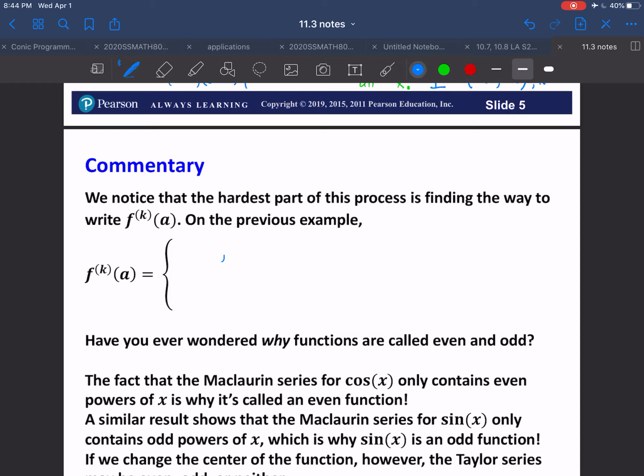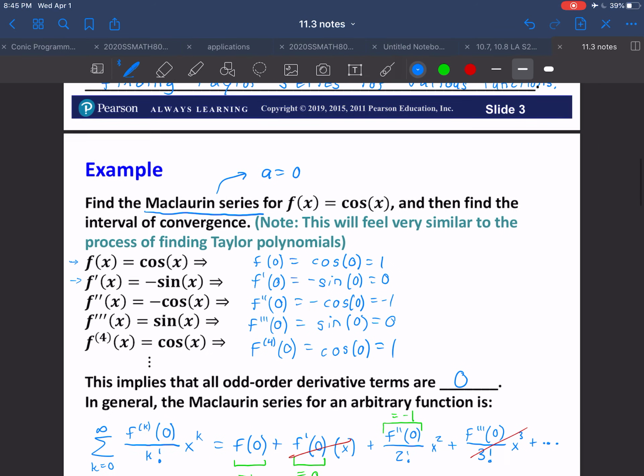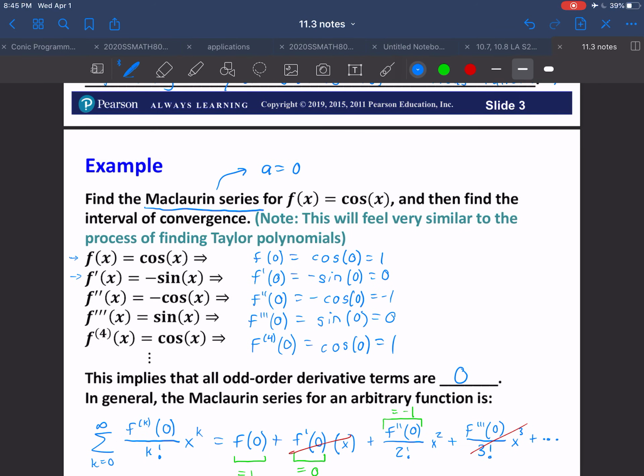So for the odd terms, we got 0, and for the even terms, this one will look a little bit weird, but we notice that it alternated, but it alternated only on the even terms, right? So we can't just say -1 to the k because it alternates only on the even terms.